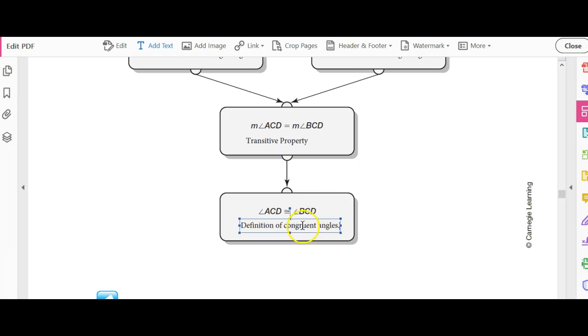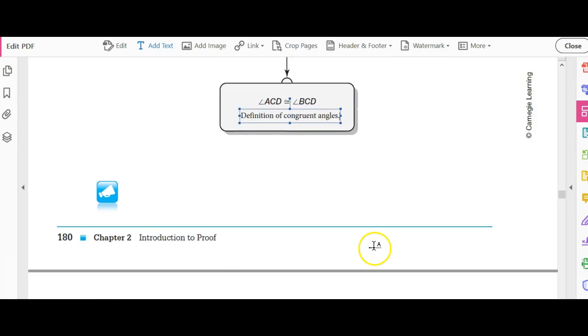Since they are congruent, then their properties of measures are equal, and the other way is true, it's bidirectional. Because the angles are equal in measure, then they are congruent, and that is the definition of congruent angles.